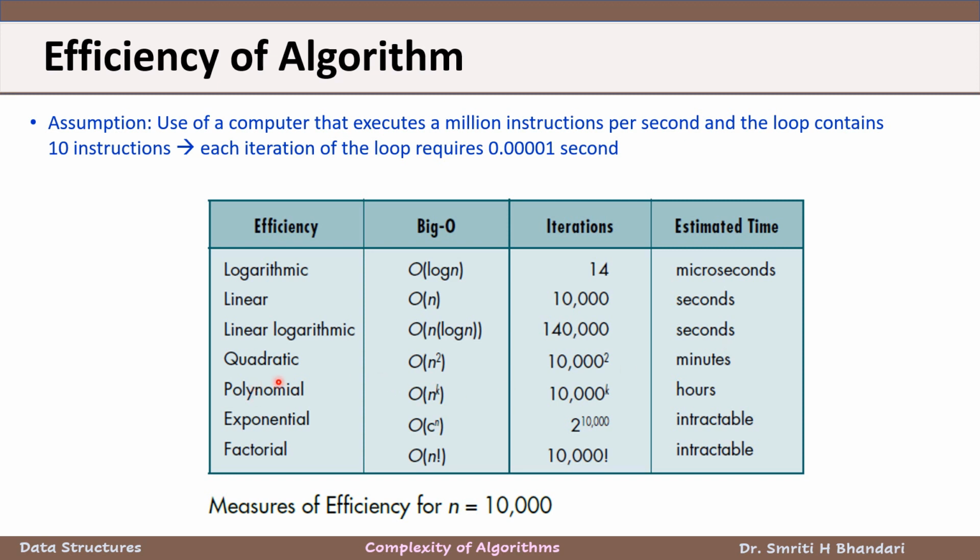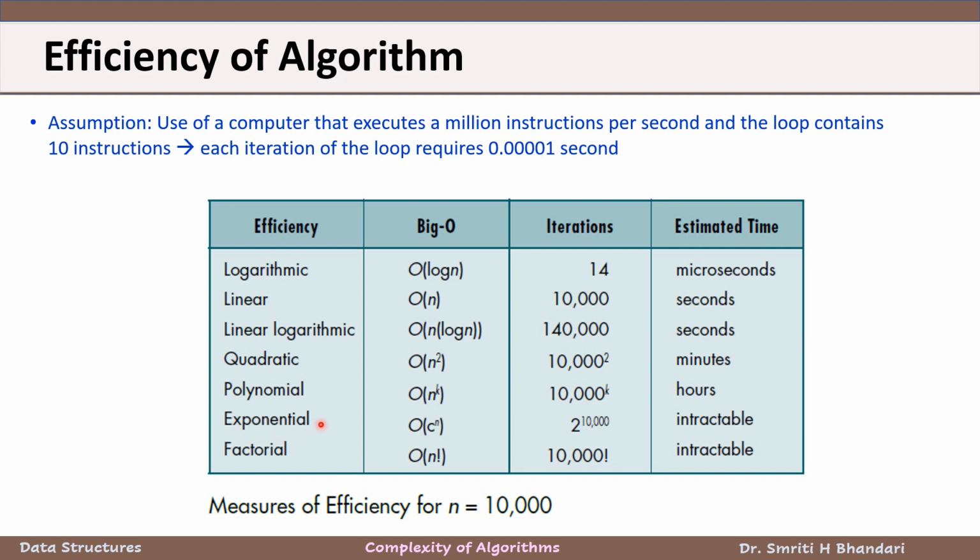If it is a quadratic loop, then order of n square would be the efficiency. 10,000 square iterations would be required and the estimated time would be in minutes. If it is a polynomial time operation, the efficiency of the algorithm would be order of n to the power k, then the iterations 10,000 to the power k and the estimated time would be in hours.